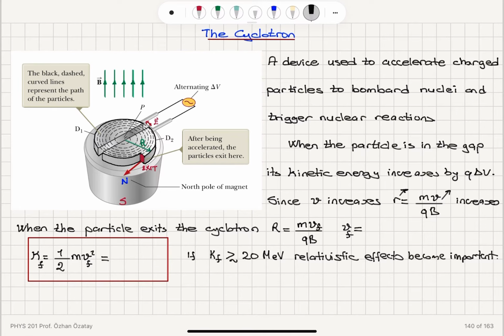So the final speed of the particle will be equal to the charge of the particle, the magnetic field B, the radius of the cyclotron capital R, divided by m. So it's going to have a final kinetic energy 1/2 m v final squared, which is equal to q squared B squared capital R squared divided by 2m.